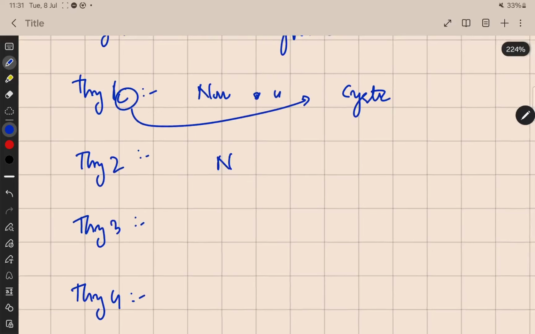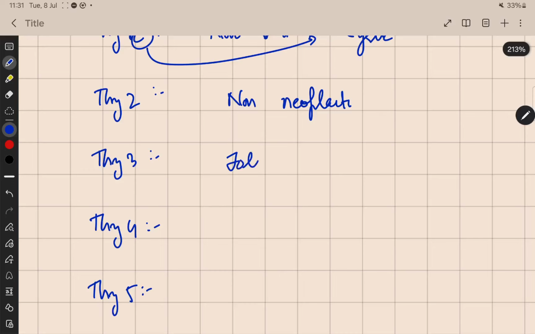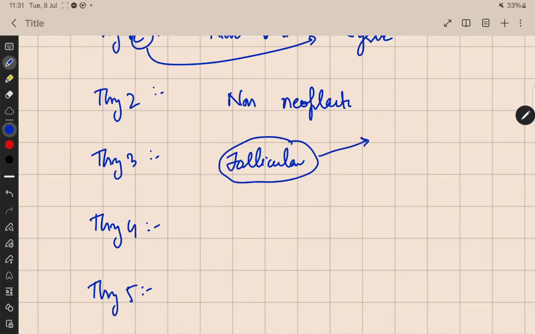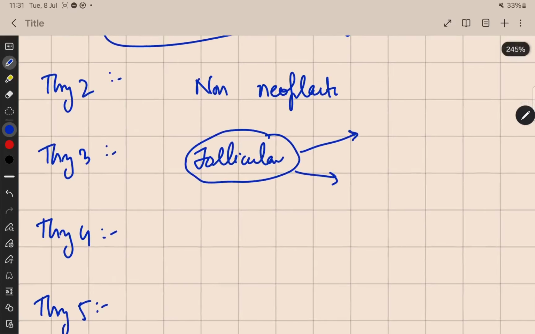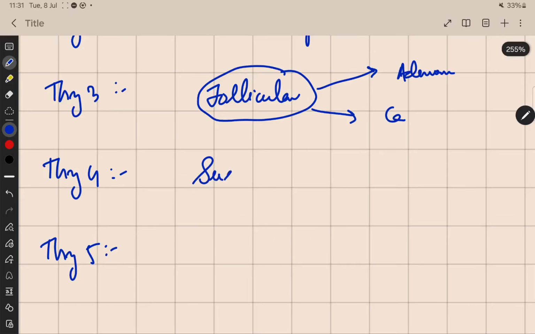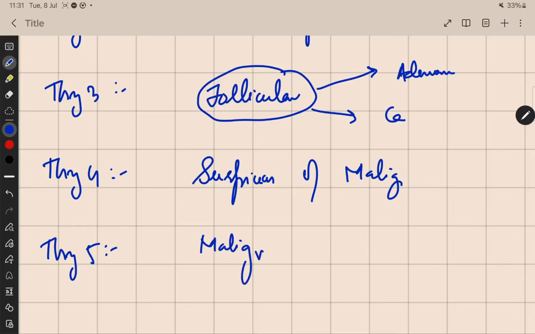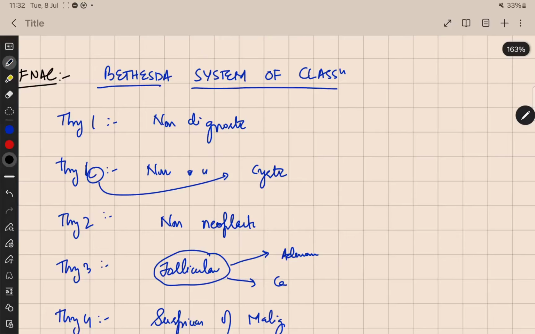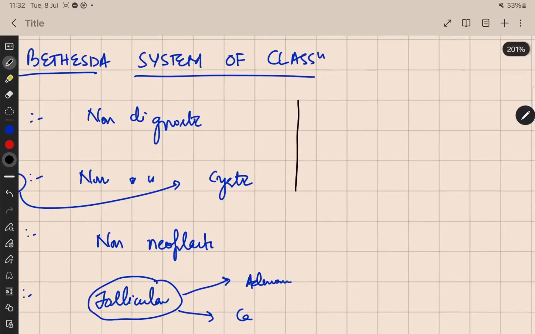Thy 2 is non-neoplastic. Thy 3 is follicular. But in case of FNAC, it cannot differentiate between adenoma or carcinoma. So just follicular. It can be follicular adenoma or follicular carcinoma. Thy 4 is suspicious of malignancy. Thy 5 is malignant. Right. So if we get Thy 1 or Thy 1C, then the standard criteria is that we have to repeat FNAC.